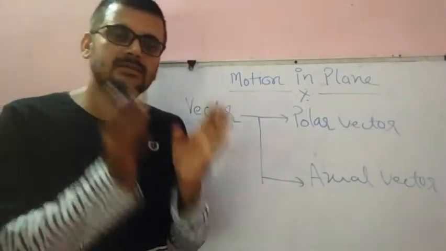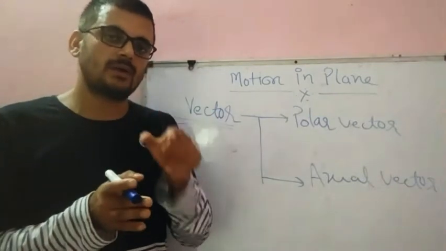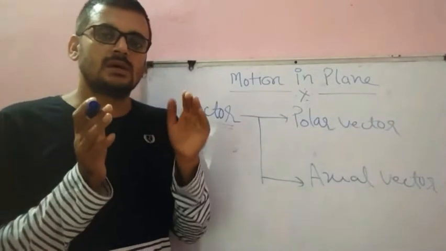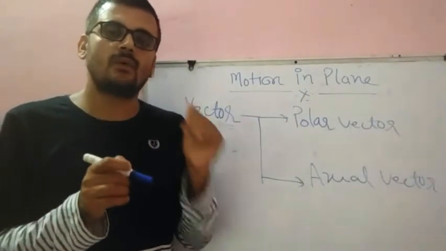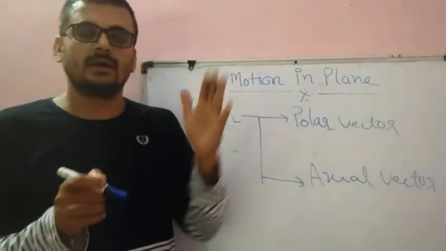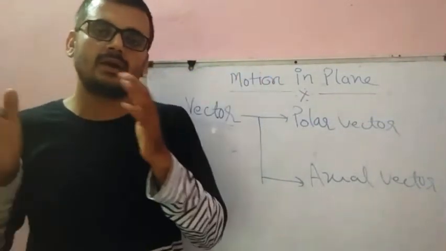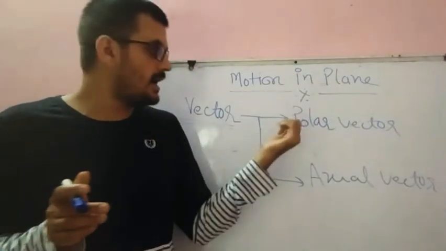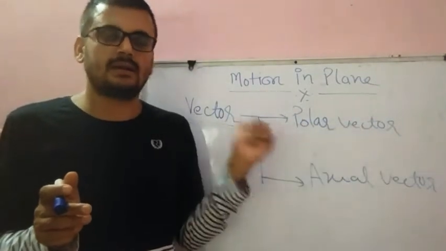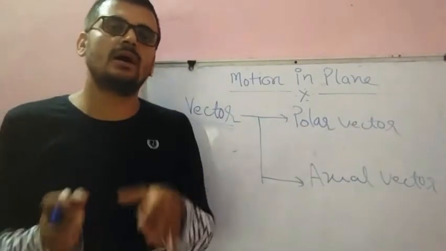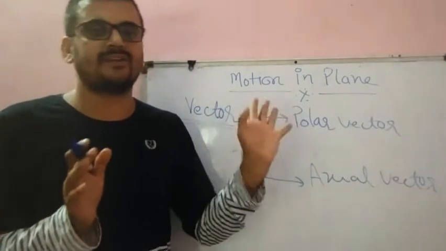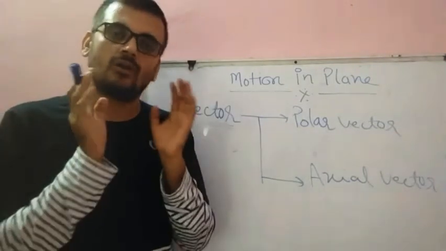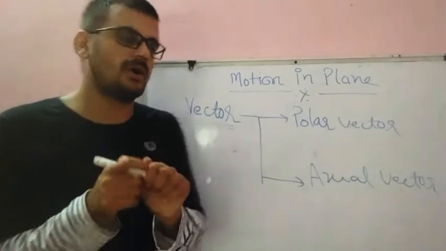If you want, you can note it in your notebook: polar vector is that vector whose direction is towards the motion of the body. The body moves in a certain direction, and the direction of the polar vector is in that same direction. Polar vector is directed towards the motion of the body. This will be the correct definition and a very simple one. Polar vector is that vector which is always directed towards the motion of the body, like velocity.